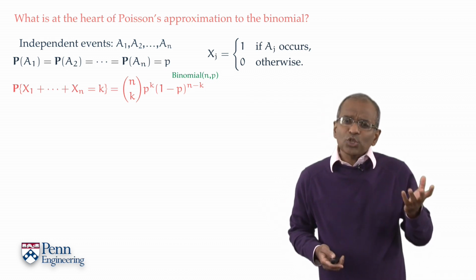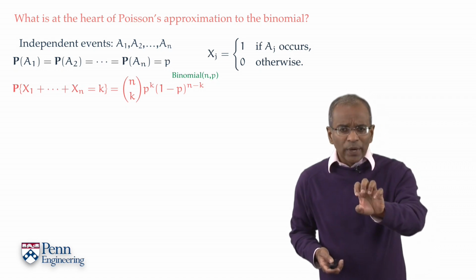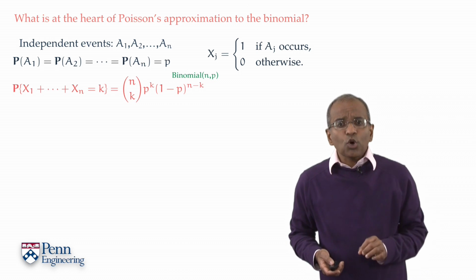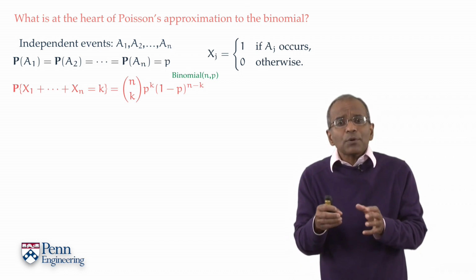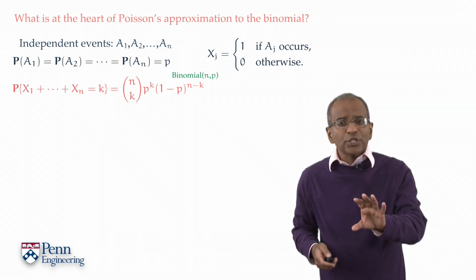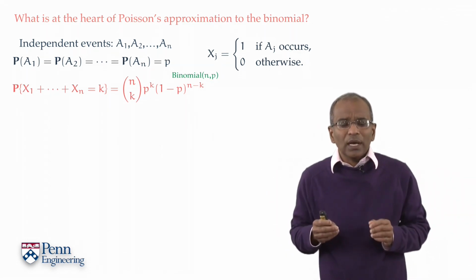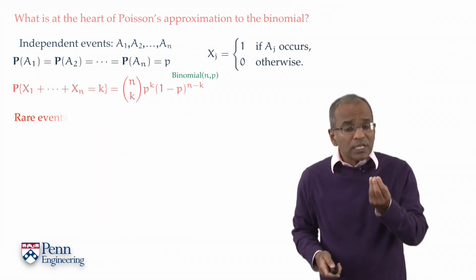Now, whence the Poisson distribution? Where does it arise? Well, of course, we got to the Poisson through the binomial in the province of rare events. So let's consider a situation where the events a1 through an, the bad events as it were, are rare. What does that mean?